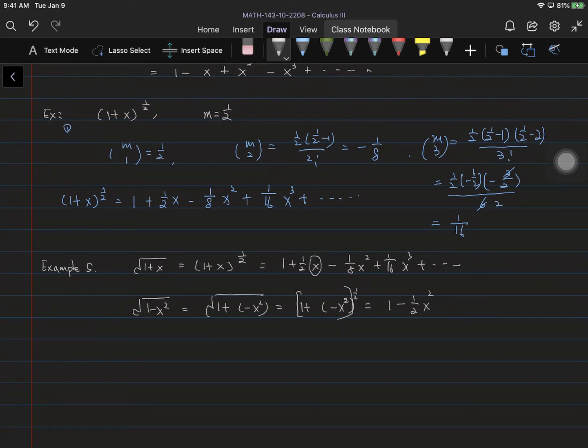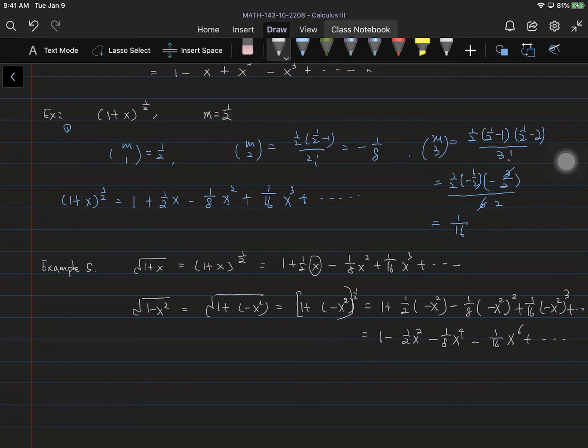Let me write down one more step here. It's 1 plus 1/2 times negative x squared, minus 1/8 times (negative x squared) squared, plus 1 over 16 times (negative x squared) cubed. Simplify: minus 1/2 x squared, negative x squared squared becomes positive x to the fourth, and then minus 1 over 16 x to the 6th. Something like that.